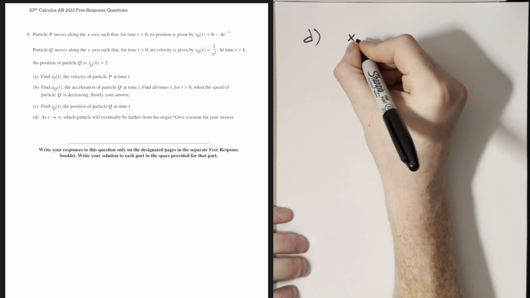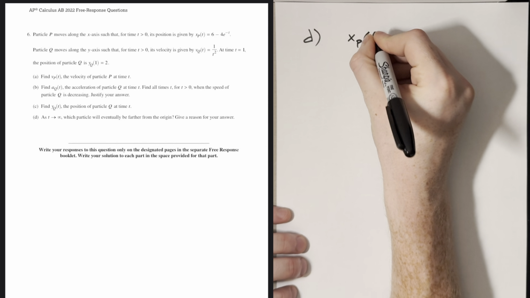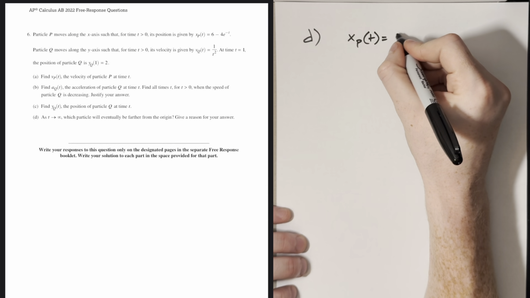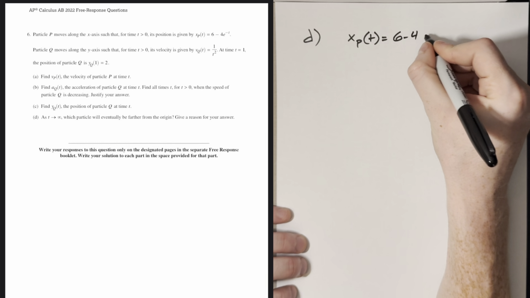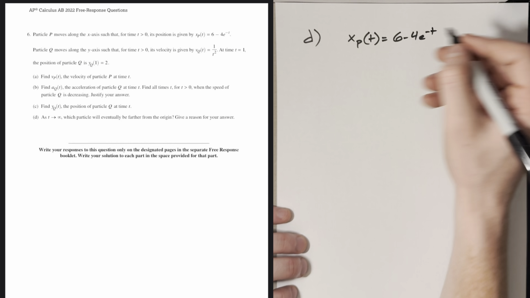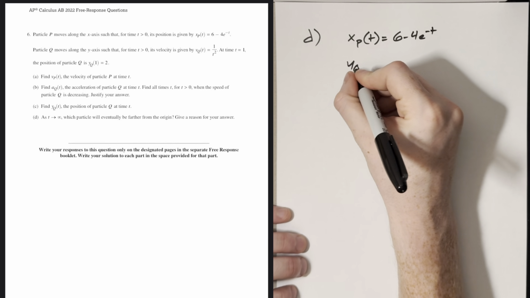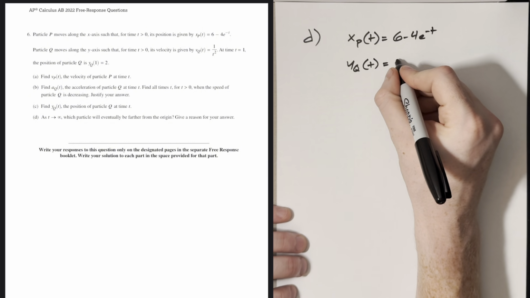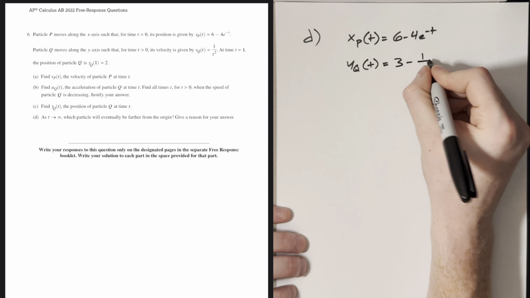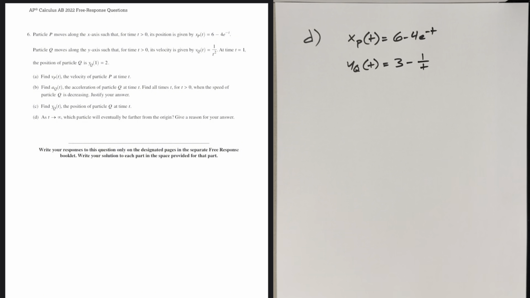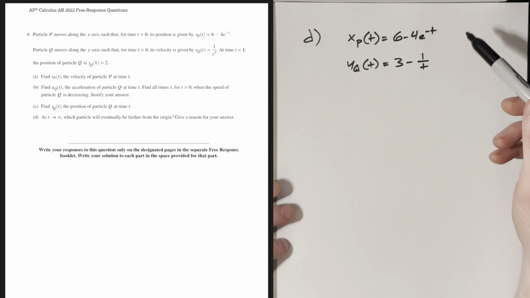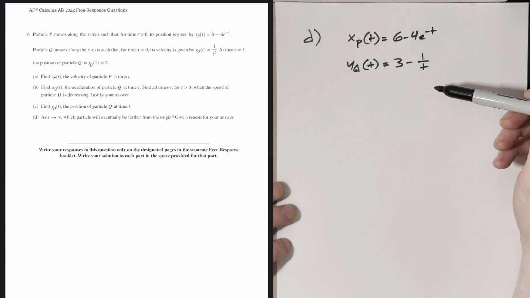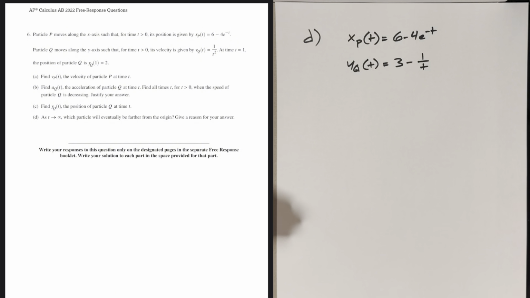So for particle P, its position on the x-axis was equal to 6 minus 4 times e to the negative t. Now our position of particle Q, which we just solved for on the y-axis, was 3 minus 1 over t. I think we got negative 1 over t plus 3. It's the same thing, right? And we want to figure out, as t goes to infinity, which of these is greater.